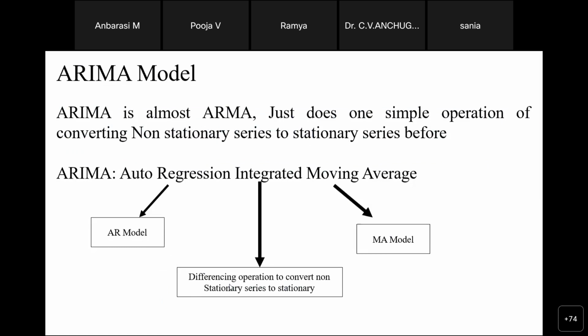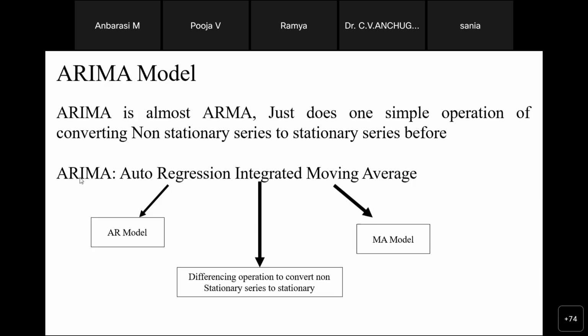Based on this D value, we convert non-stationary data into stationary data. That is the job of the I.